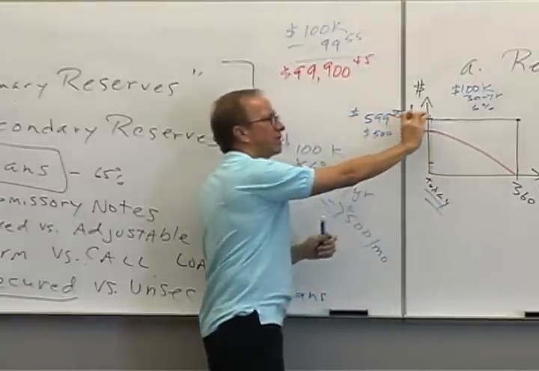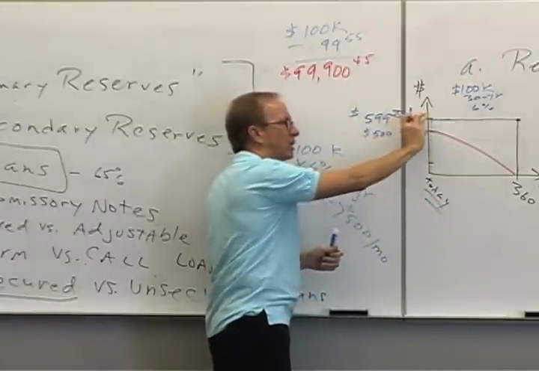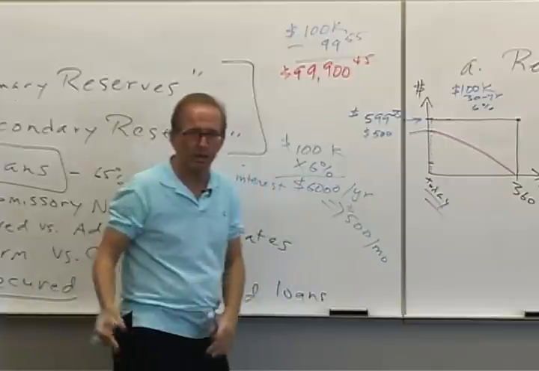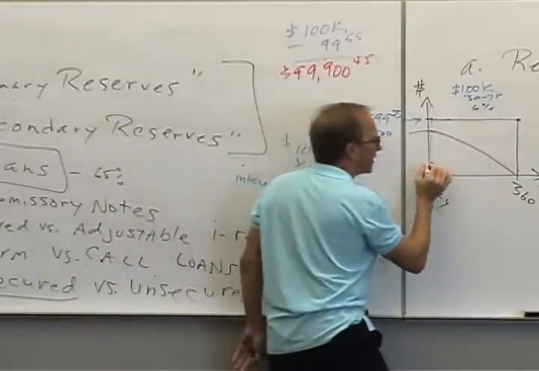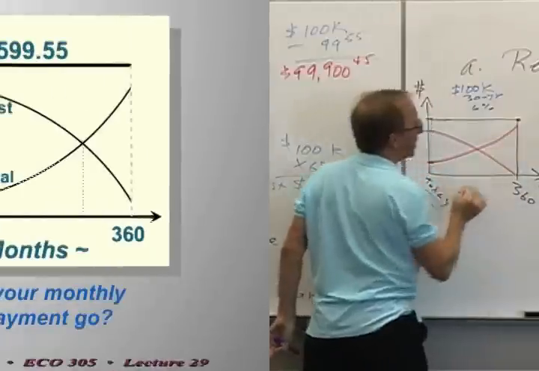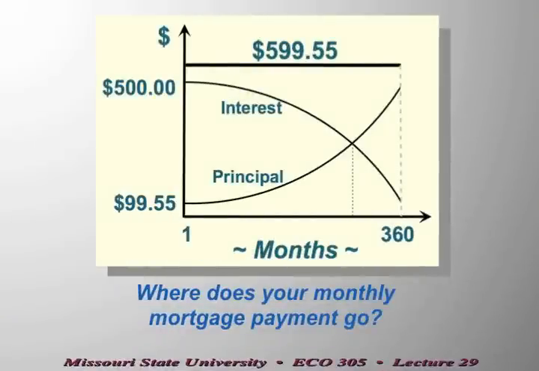It's just this difference between your $599 and your $500. That much is to repay the loan. And over time, that's going to go up. And so, why is it going to go up? Because out of your almost $600 a month, $599.55, if you owe less and less interest, there's more and more left over to pay the loan off.